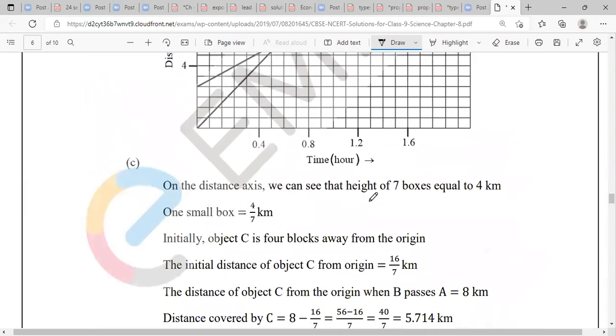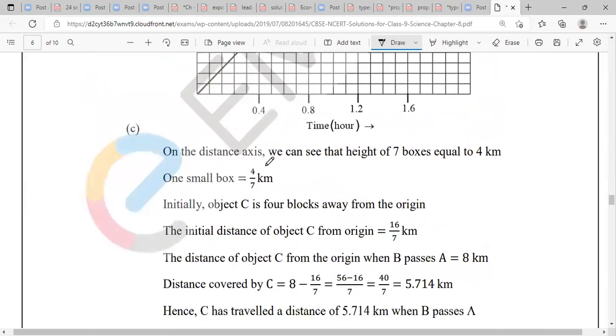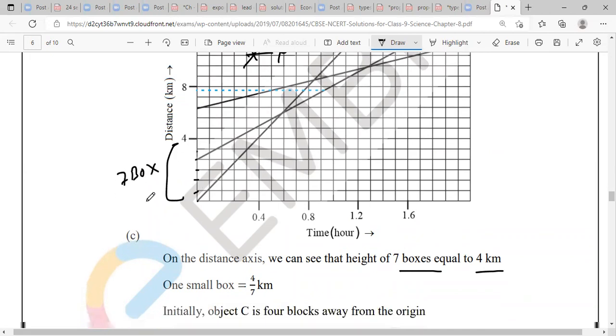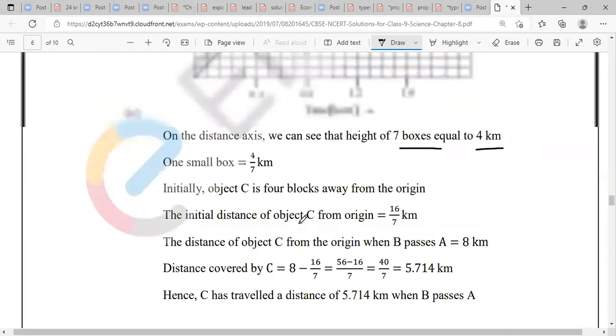Now you just have to count the boxes. On the distance axis, the height of 7 boxes equals 4 kilometers. So 7 boxes means 4 kilometers.